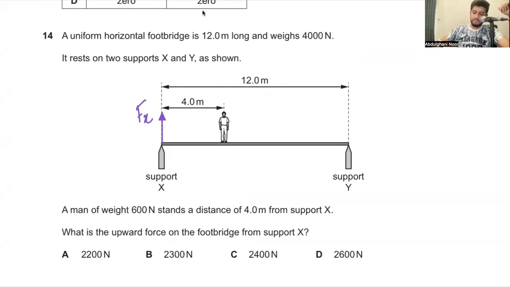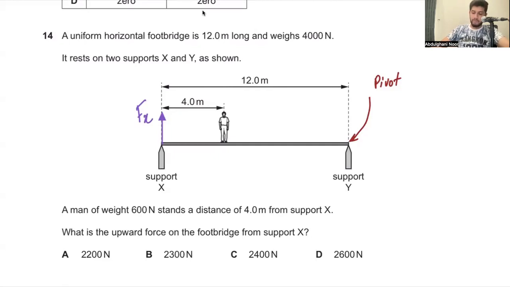What's the problem? The problem is that they're both unknowns. So I'll have to come up with something so that I don't use one of these. So what I do is I'll take this as the pivot. मैं क्या करूंगा? मैं support Y को pivot ले लूंगा. पिवट लेने से फायदा ये होता है कि जो भी फोर्स मेरी पिवट से पास करती है उसकी वजह से मोमेंट क्या होता है? जीरो हो जाता है, तो वो इग्नोर हो जाएगी.